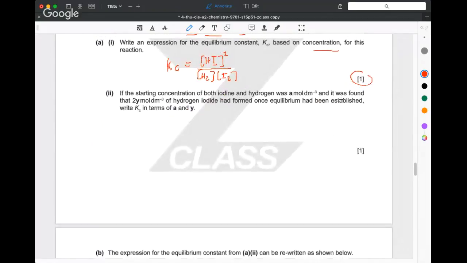Now, this next step here, the examiner is saying that almost all students got this wrong. So again, a bit like we did in the first question, we're going to talk through an absolutely fail-proof way of working with these kinds of questions.